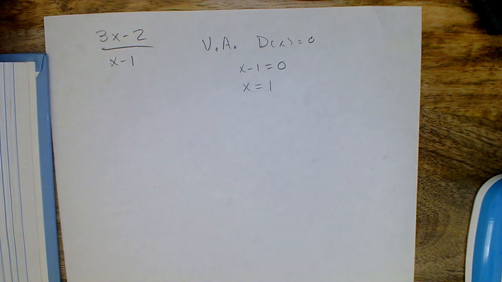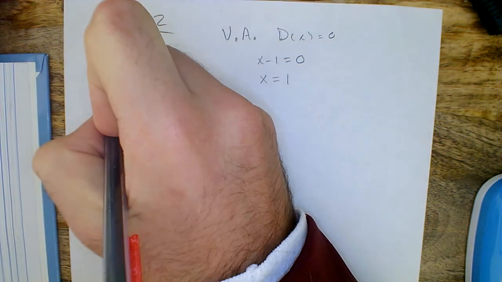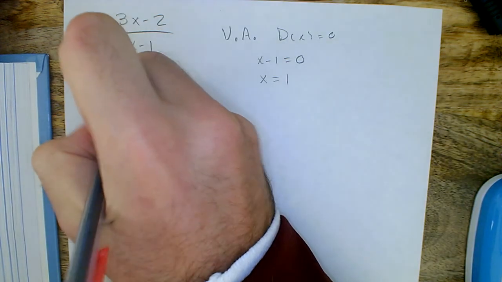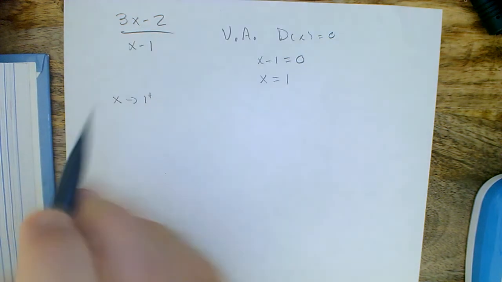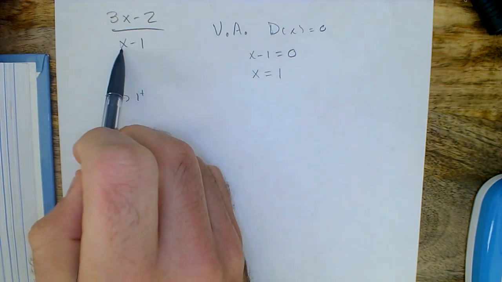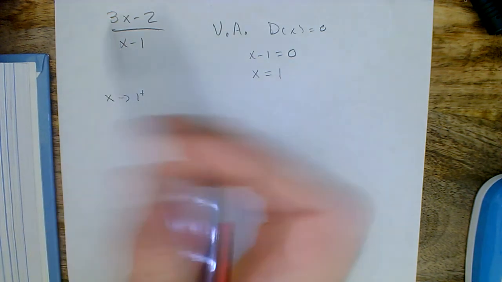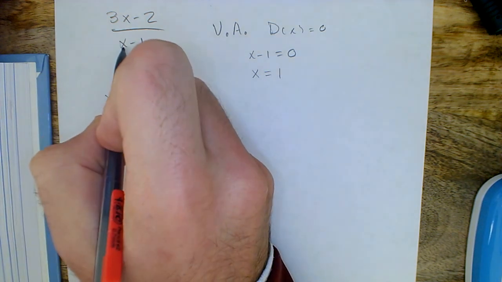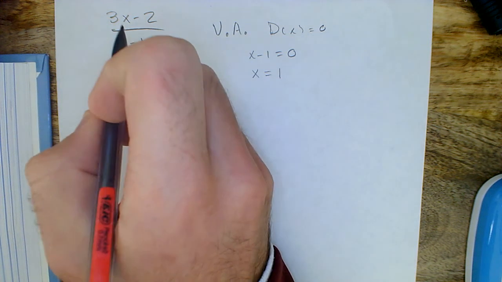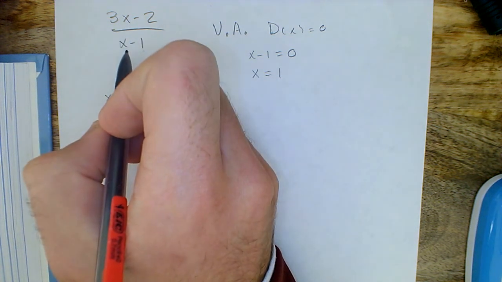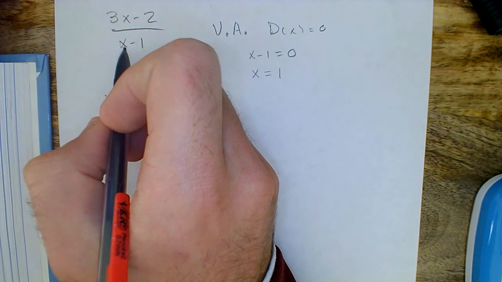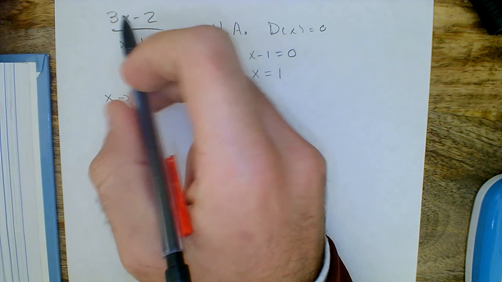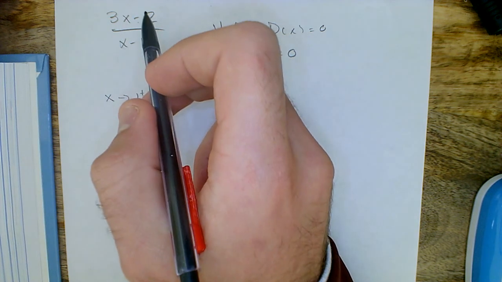So if I approach x equals 1 from the right, if I let x go to 1 from the right, then it's going to be like 1.0001, getting closer and closer to 1, but only from the right. So only numbers that are bigger than 1. Then x minus 1 is going to be a positive number, extremely small, but it will never be negative. So it's going to be a small positive number. And then up here we have 3 times 1 minus 2.